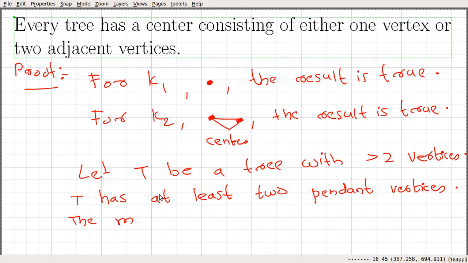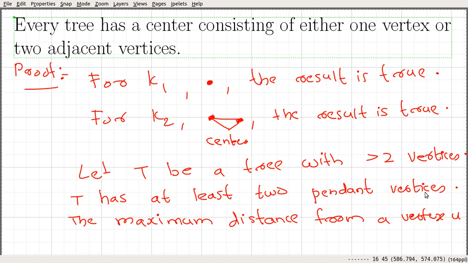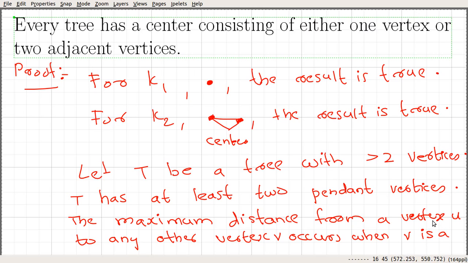So the maximum distance from a vertex, say u, to any other vertex, say v, occurs when v is a pendant vertex.